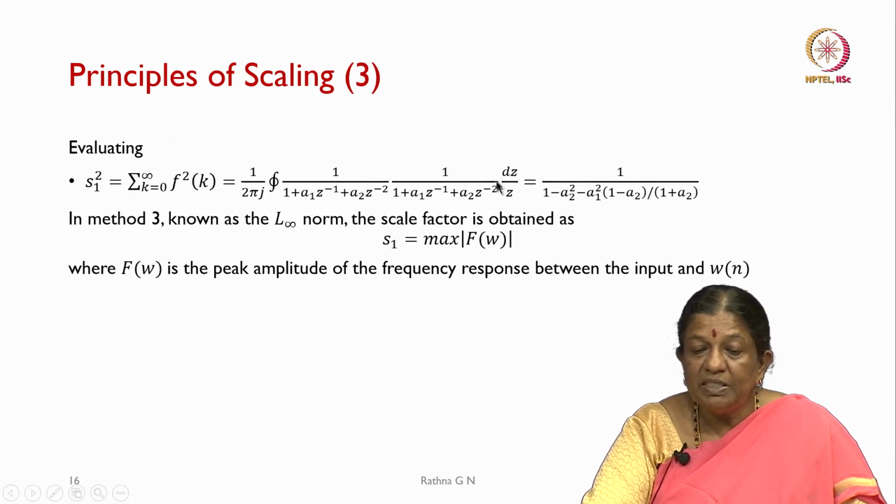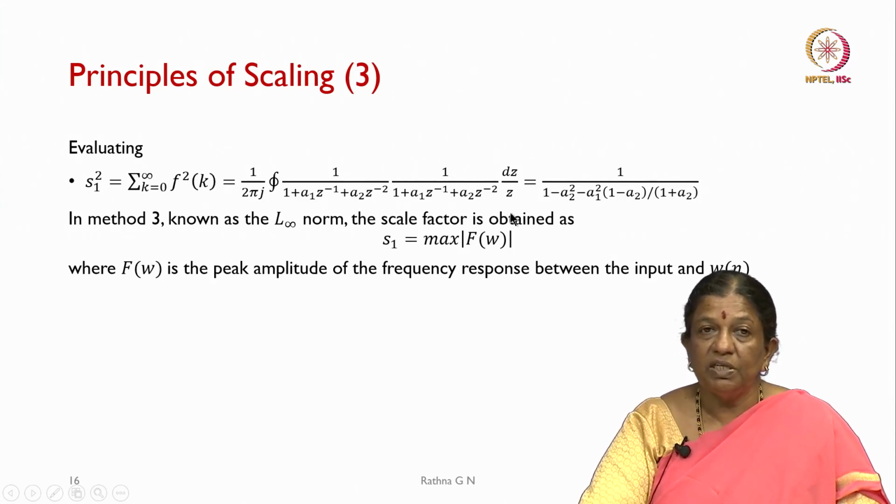If you simplify it, the simplest form you will get is 1 minus a2 squared minus a1 squared, into 1 minus a2 divided by 1 plus a2. So, this is how one can manually calculate our L2 norm.